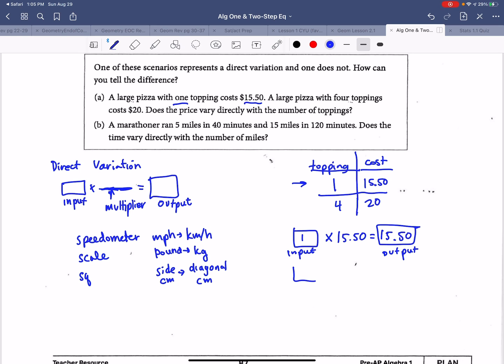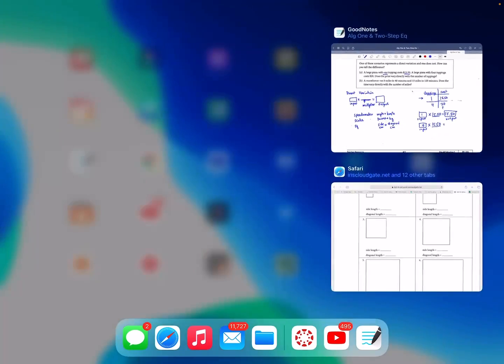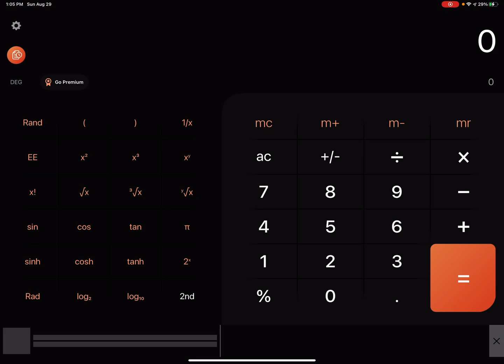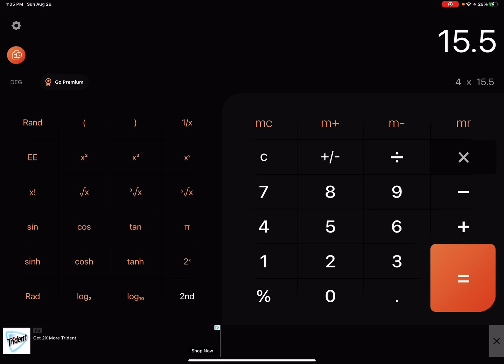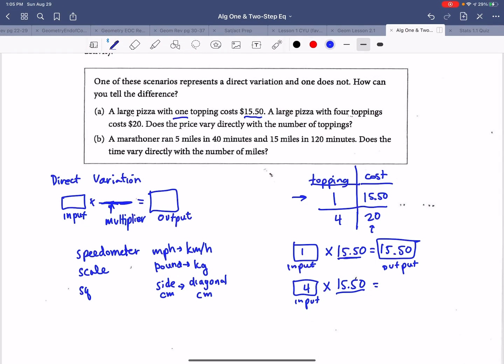But I notice here if I put 4 in and I multiply by the same multiplier, I'm not getting 20. I'm getting a number a lot bigger than that. So 4 times $15.50, if I go to my calculator, 4 times $15.50 is 62. So it doesn't look exactly like the ones we looked at before.